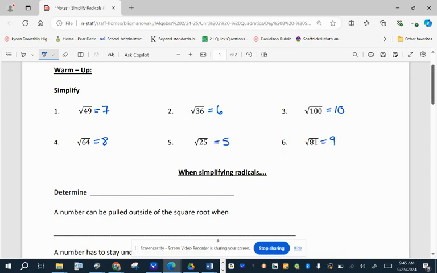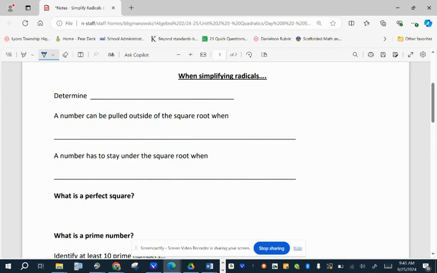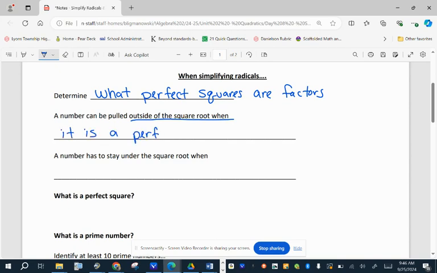So today we're going to talk about how we simplify a radical that is not a perfect square. When simplifying a radical, we need to determine what perfect squares are factors. We can pull a number outside of the square root when it is a perfect square, and a number has to stay underneath the square root when it is not a perfect square.